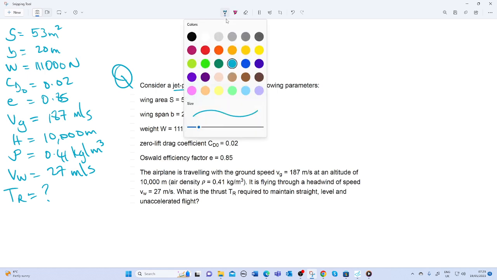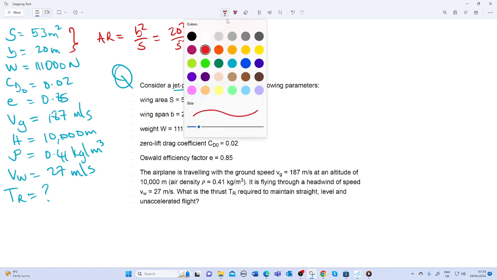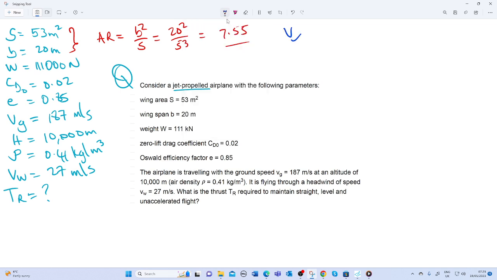First of all, by deducing the aspect ratio, our aspect ratio becomes b squared over S. That gives us 20 squared over 53. It becomes 7.55. That's the aspect ratio. Now we can deduce that the mainstream velocity of the aircraft becomes the VG plus what?